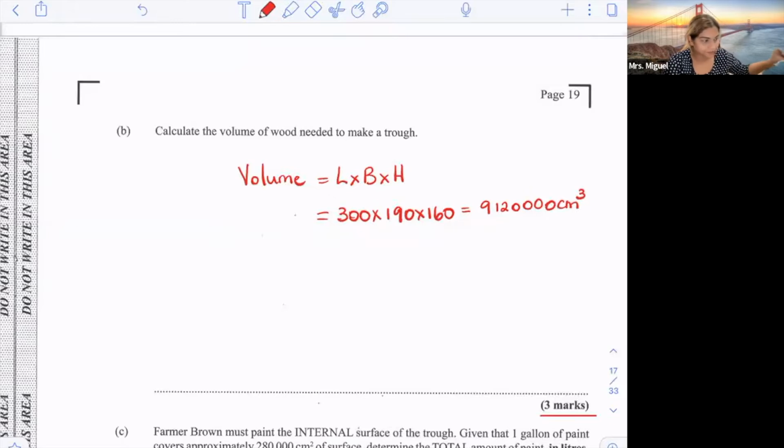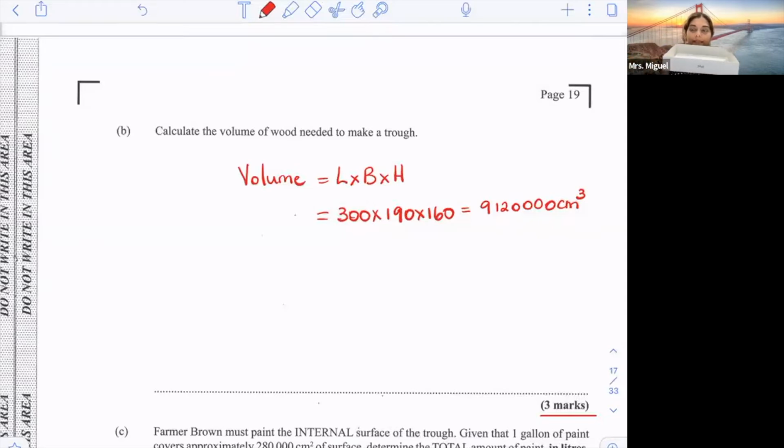So listen, this is my box. It is hollow. Which means that if I have the external volume and I have the internal volume and I subtract it, that should give me the volume of wood. Because remember, the box is hollow here. So I don't need any wood really to fill the whole box.